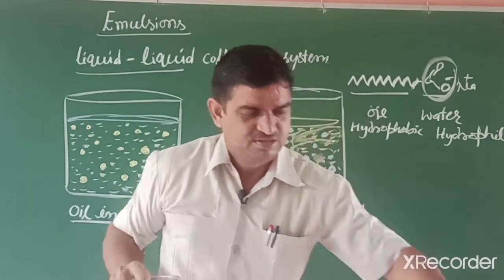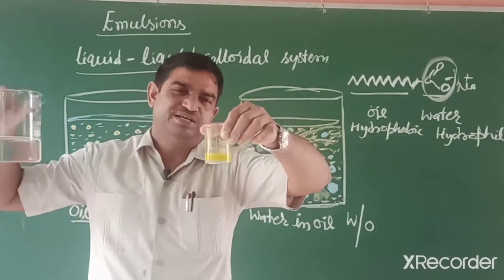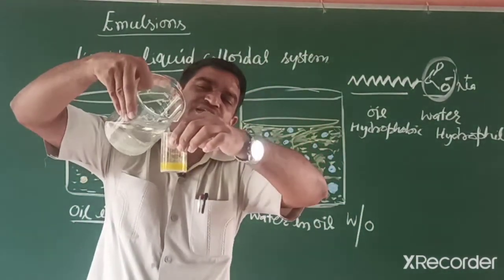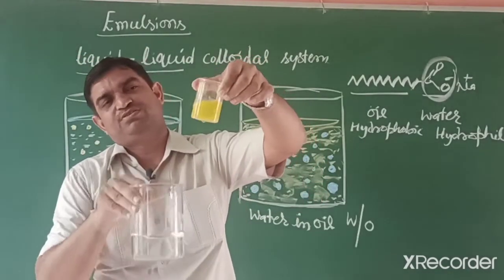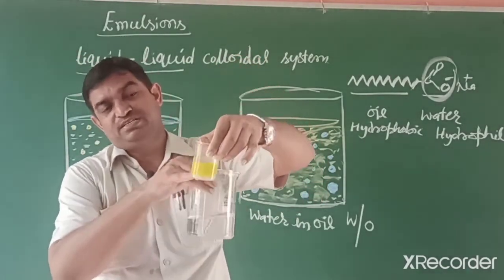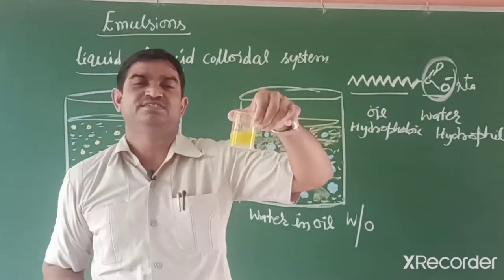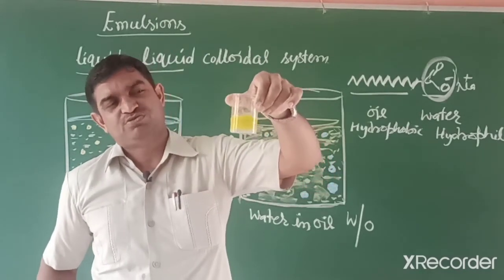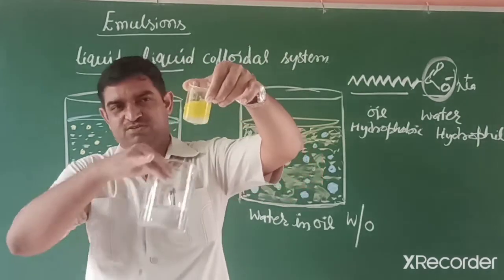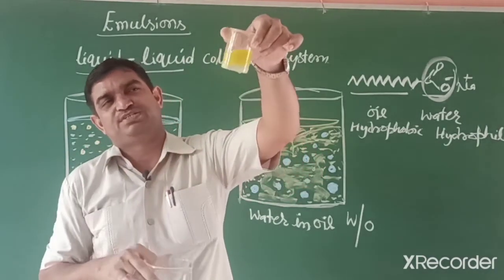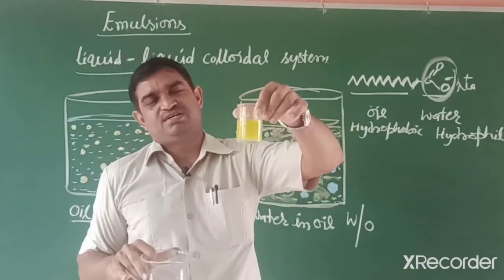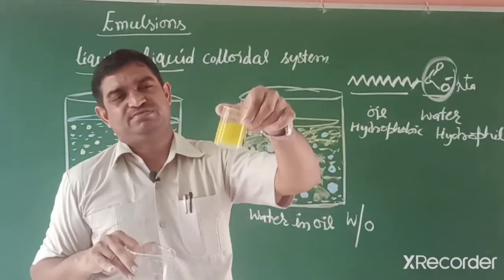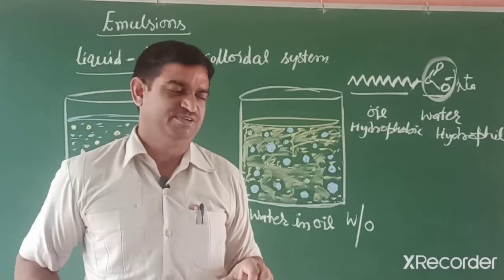But in water in oil, when I mix, it is slightly different because there is a layer formation. But in this, I already mixed the stabilizing agent, so it differs slightly more. But water is on the lower side, oil is on the upper side, so a separate layer forms in water in oil. So this is the main difference.